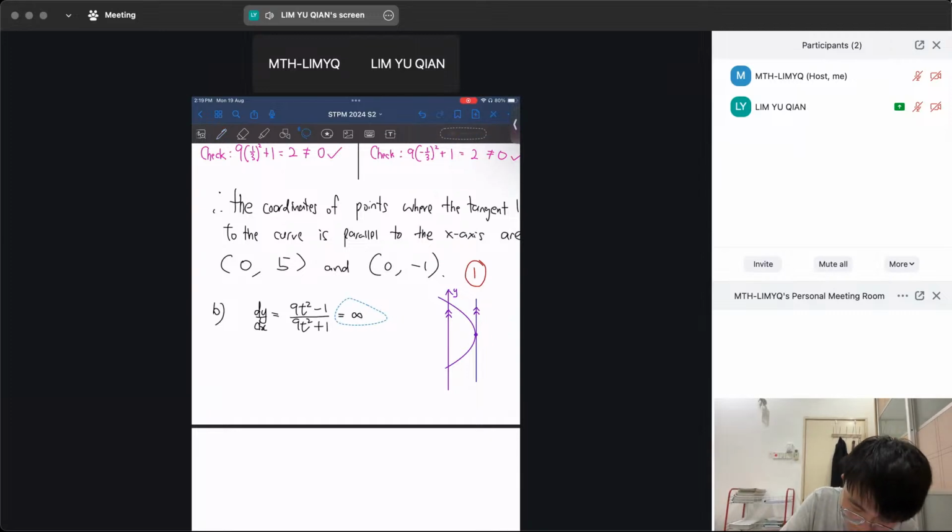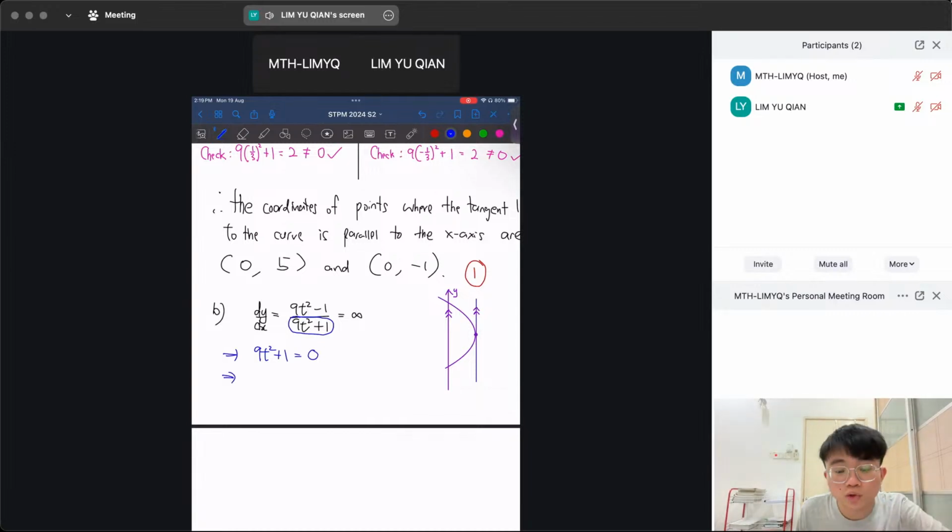You want to check whether you have a point where your denominator is equal to 0. Which means denominator equal to 0, and you try to find the point. Actually, no real solution, right?